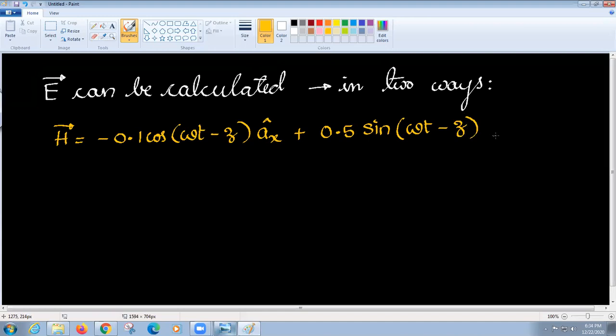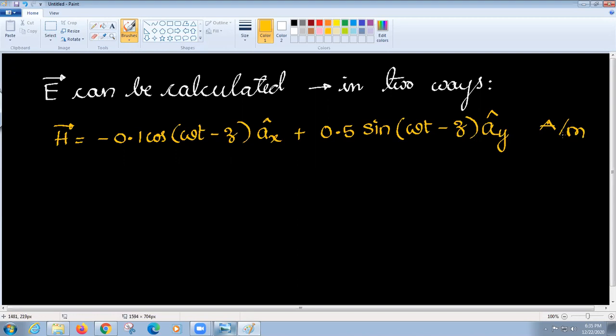Now this component is polarized along the y-axis, oscillating in the direction of y. The units of H, very well, are ampere per meter.